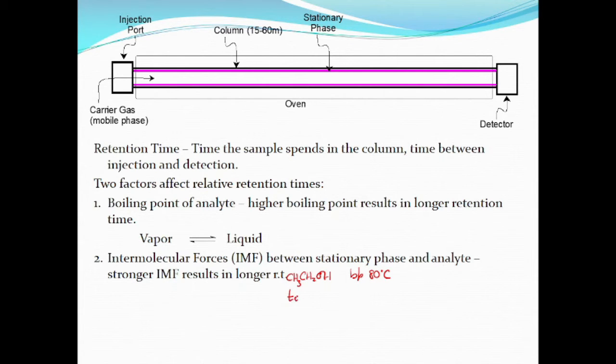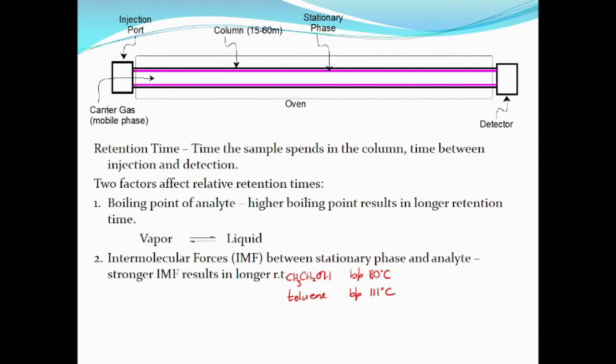And then there's a second component, toluene, has a boiling point of around 111 degrees Celsius. Based on the first factor, what we would expect is that the ethanol would come out first, followed by toluene, since ethanol is more volatile.